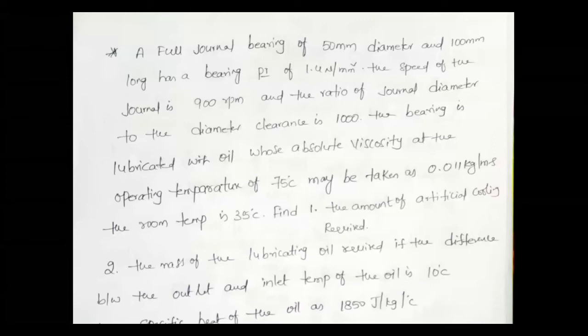So Z value is already mentioned. And here the ratio of journal diameter to the diameter clearance, that is D by C, is given as 1000. D by C value is already mentioned, that is 1000.